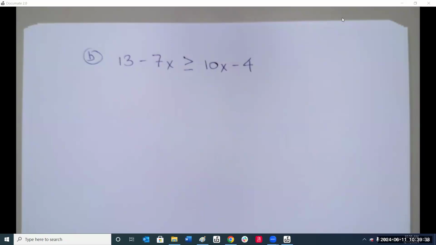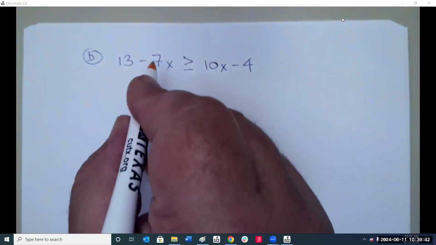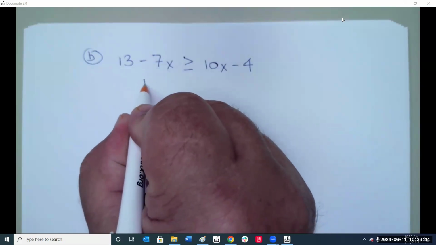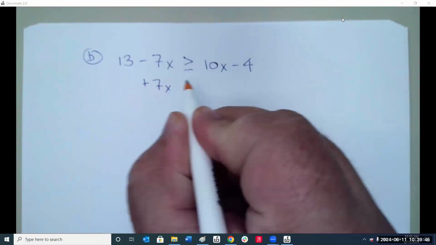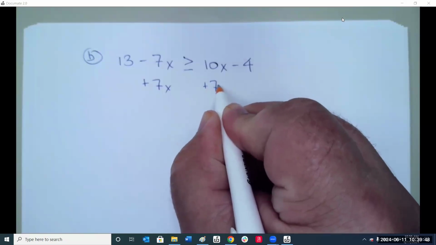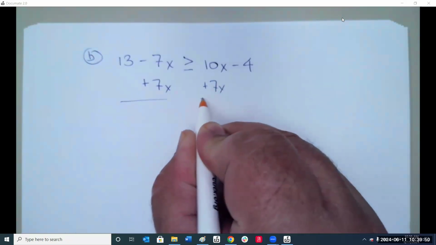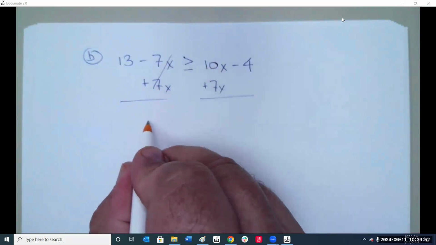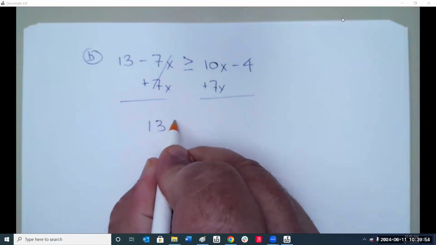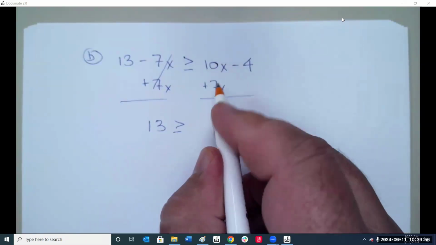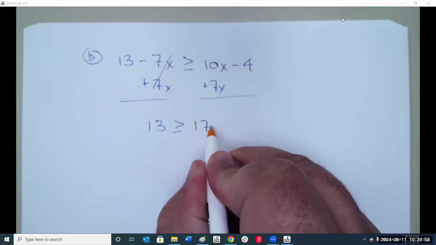We move the x's to one side. So move the smaller to the larger. So move the negative 7 over. So we add 7x to both sides. 10 plus 7 is 17.